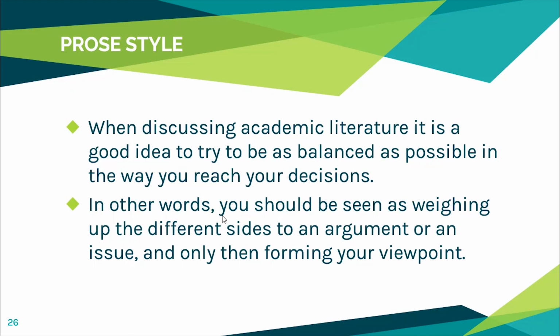In other words, you should be seen as weighing up the different sides to an argument or issue and only then forming your viewpoint. You should compare different points of view and then try to conclude and reach your own point of view.